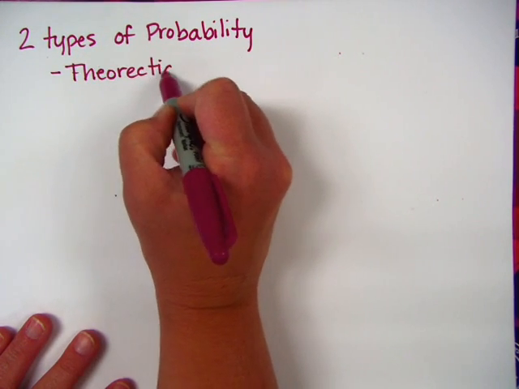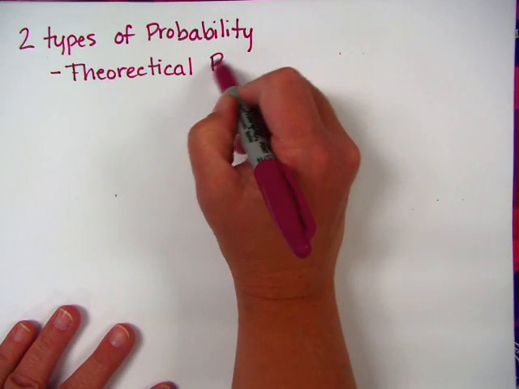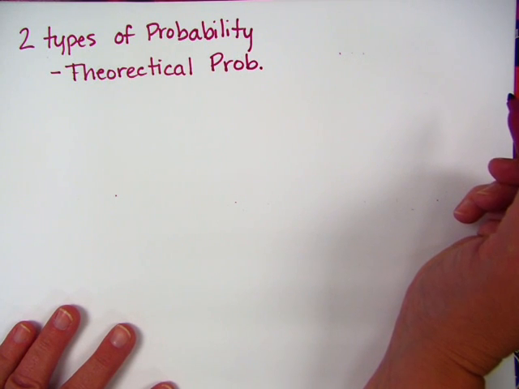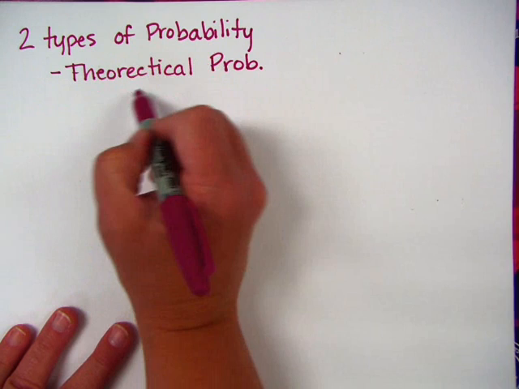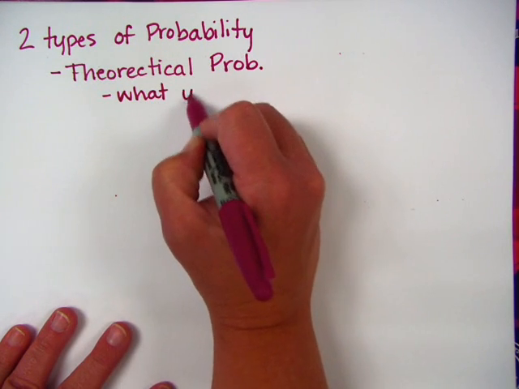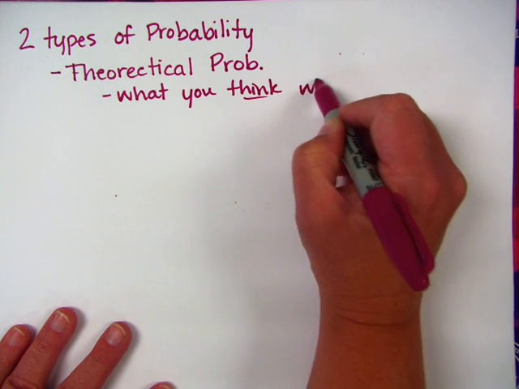I am a terrible speller, as you all know, so we'll hope that is spelled correctly. Theoretical probability, and I'm going to abbreviate it as PROB because I don't want to continue to write it out. Theoretical probability is what you think will happen.